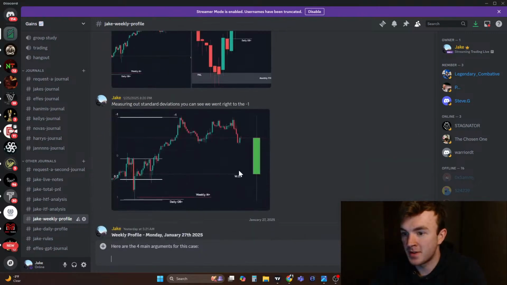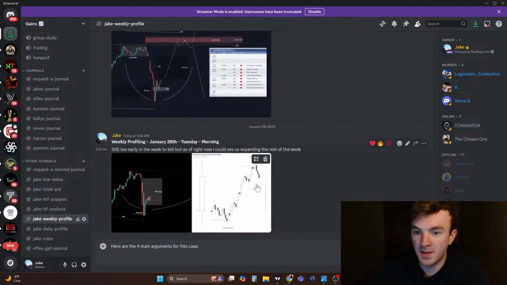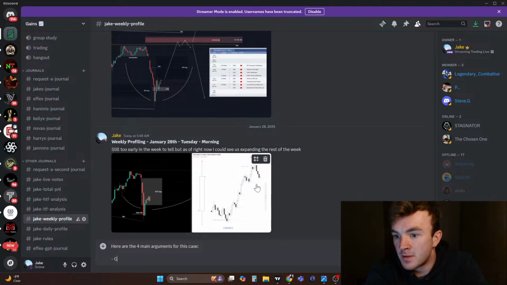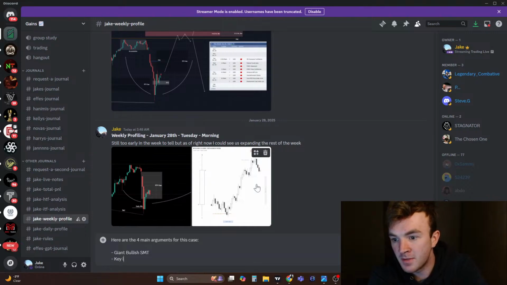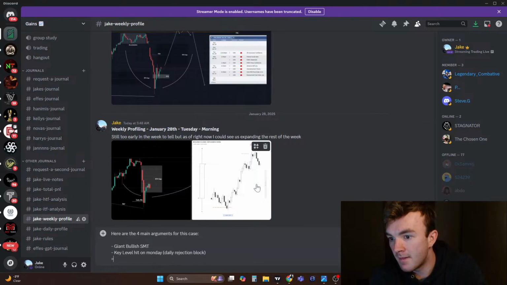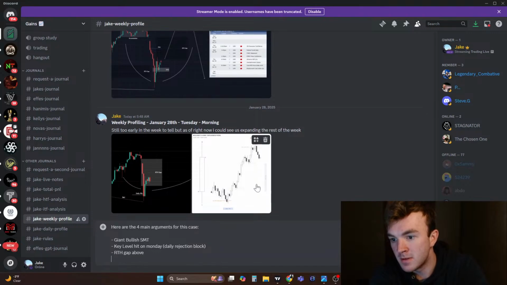Okay, here we go. This is what I wanted to do. Here are the four main arguments for this case. Giant bullish SMT, key level hit on Monday, daily rejection block, RTH gap above, relatively equal highs above.